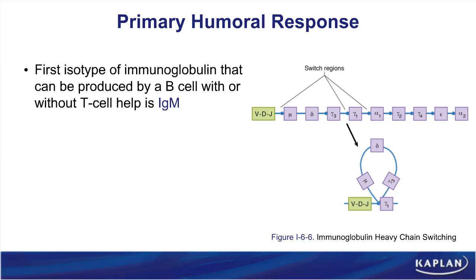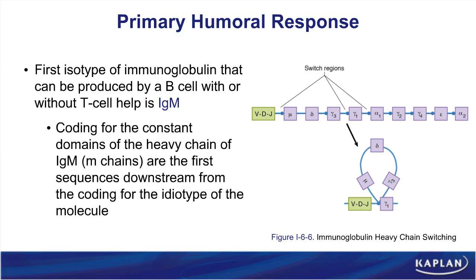Okay, it's just a quick recap of what we covered in the last chapter. We are just going to talk a little bit about the primary humoral response. Again, recall that the first wave of activated B cells that are going to be released from the lymphoid tissues during an immune response are going to be plasma cells that are making IgM.